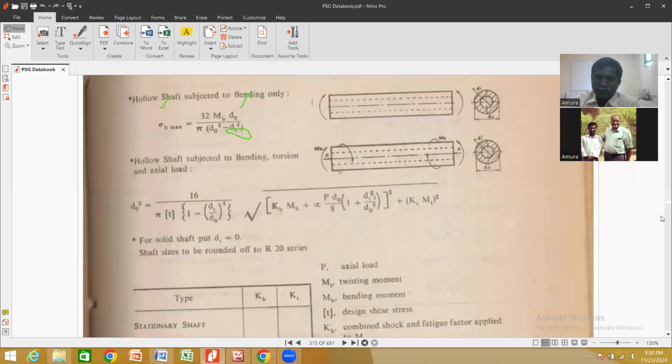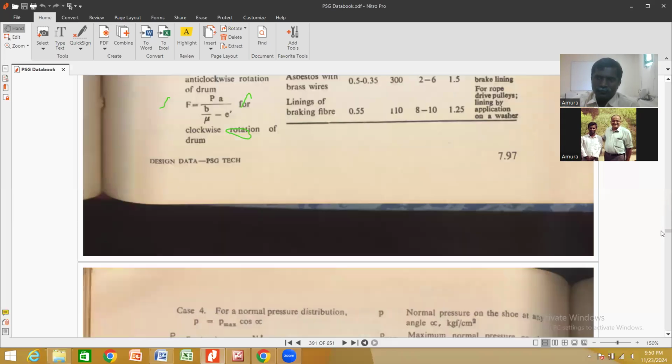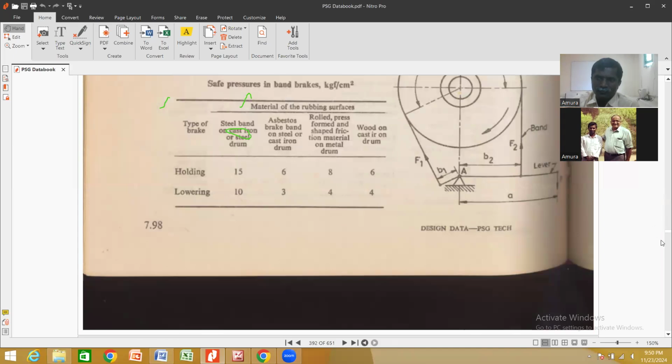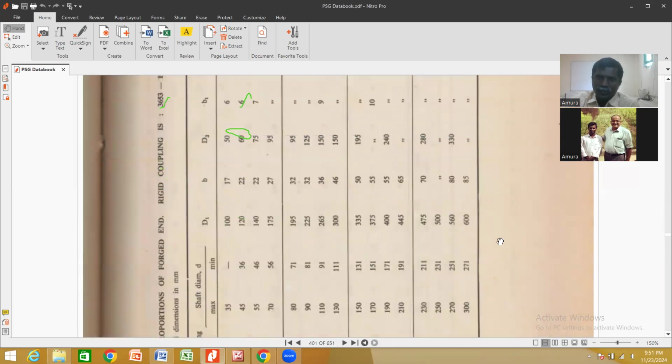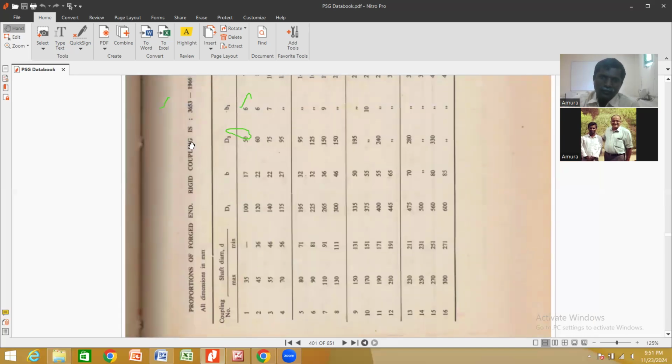If you come back again, 7.106, and here 7.107, we have a table. There they have given the proportions of flanged rigid couplings. In table 1, they give the coupling number and the safe shaft diameter, the maximum and minimum. Whatever value we get in between these two ranges, we choose this dimension.